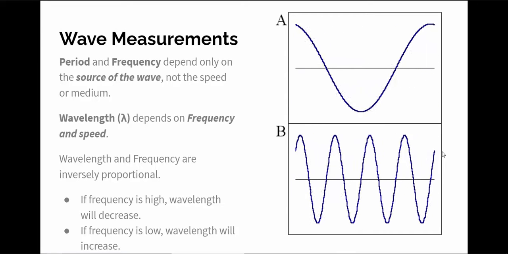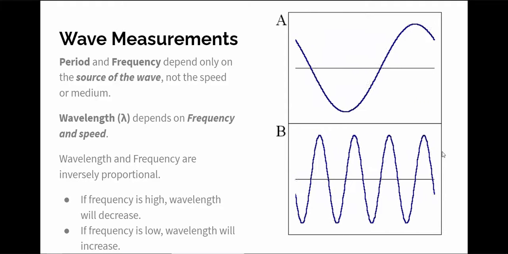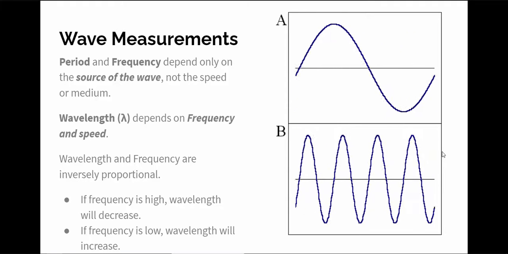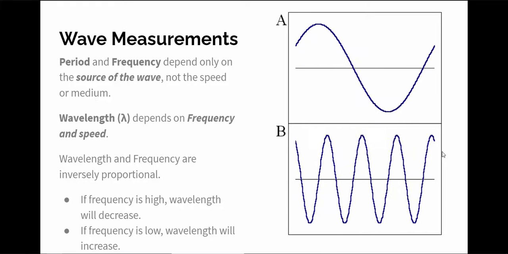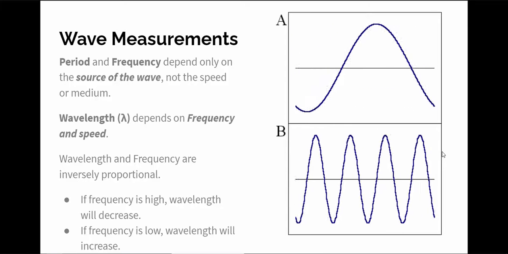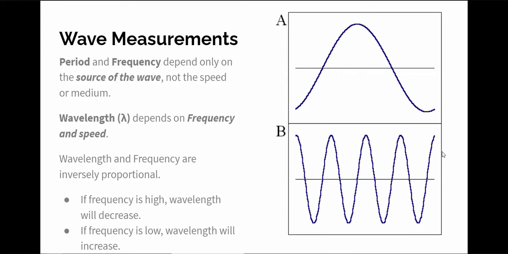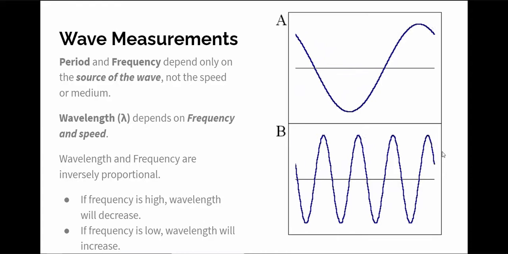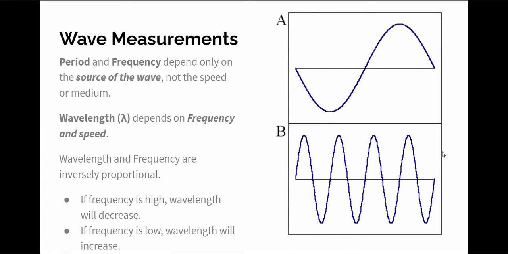If I change my pitch or my frequency of my voice, again, I am the source of the wave. I can change the frequency of my voice because I am the source of the wave. Make sense? The source dictates the frequency, the speed is dictated by the medium, and the wavelength, what you see here, is a result of those two things interacting.